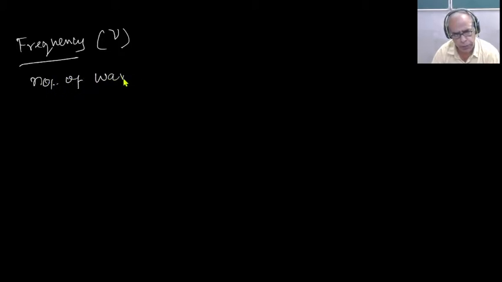So when we represent this as circular motion, then it can be called number of cycles or revolutions. And then that passes through a given point. That is very important: that passes through.